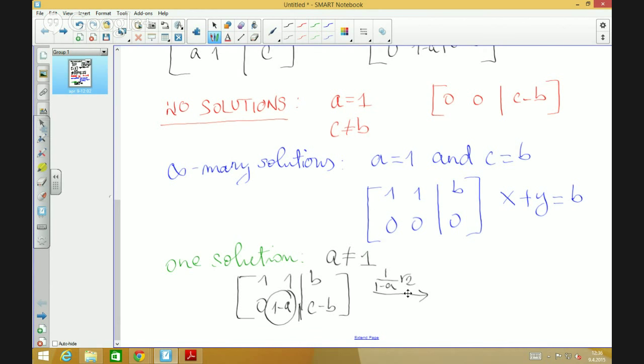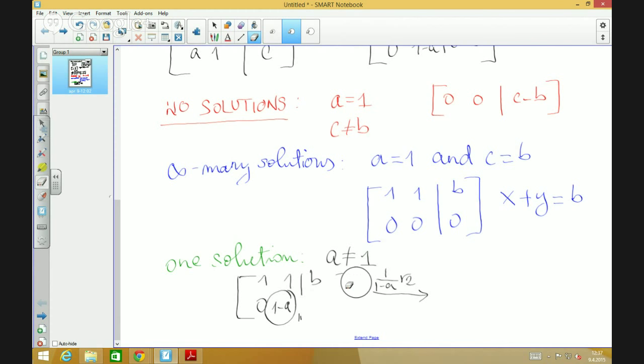Yes? Since A is not 1, shouldn't it be C minus AB? C minus AB, absolutely. I had forgotten. Now, I'm moving the A. This should be an erasing thing, so let's erase.